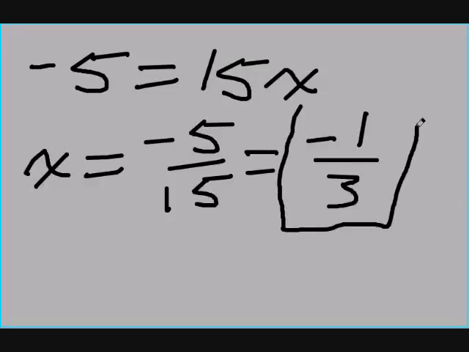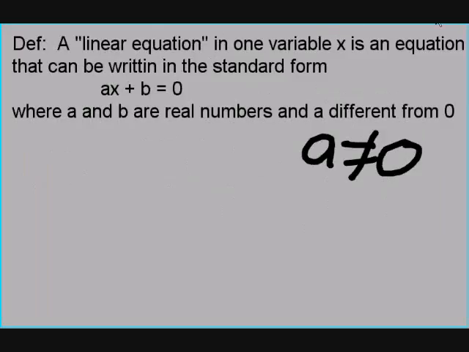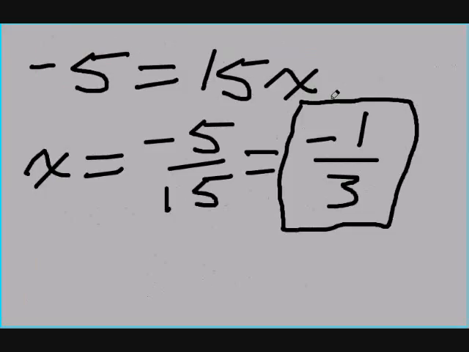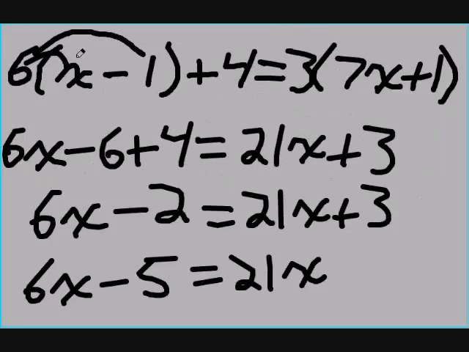Anytime you're solving an equation, you have the ability to check your solution, right? So let me go back to the original board. I'll clear it. Let's start with the original equation, but let's plug in our solution of negative 1/3 into this equation.